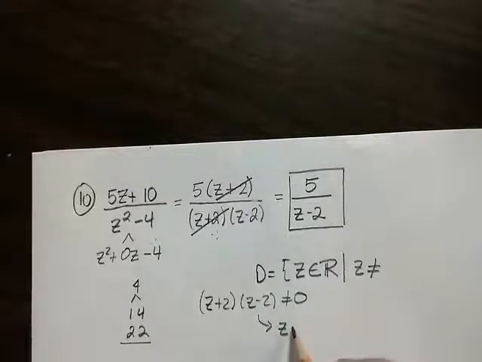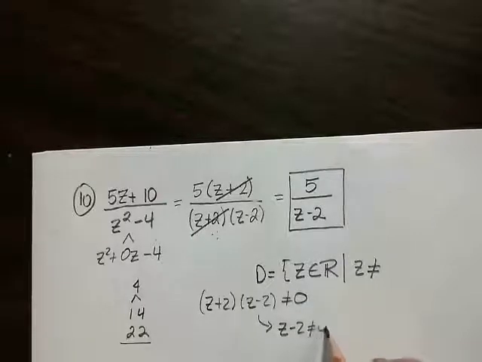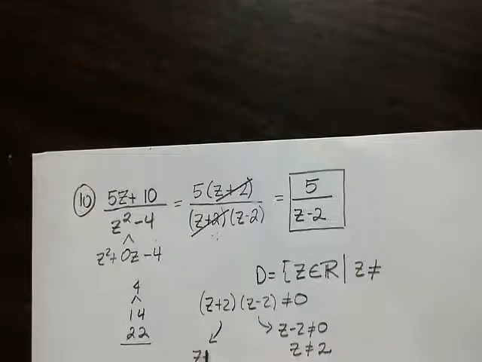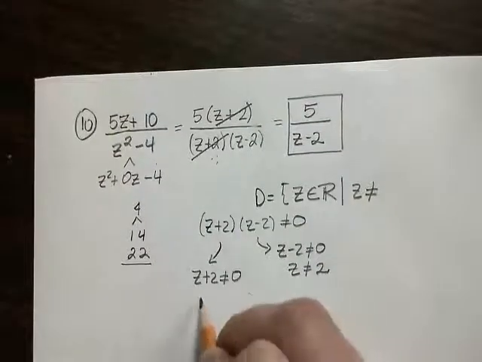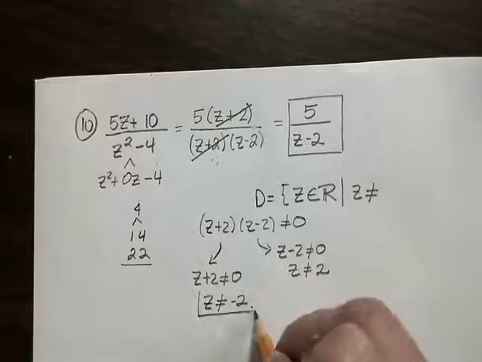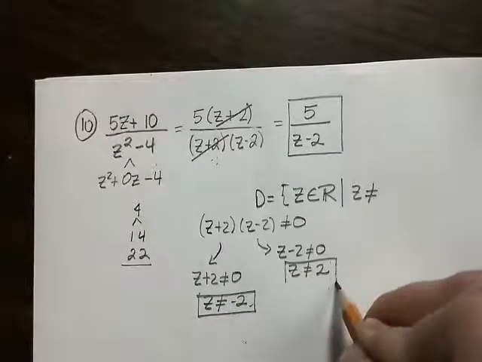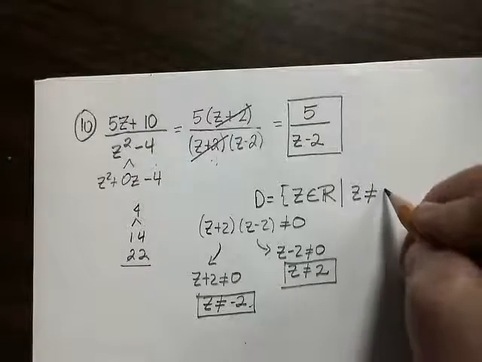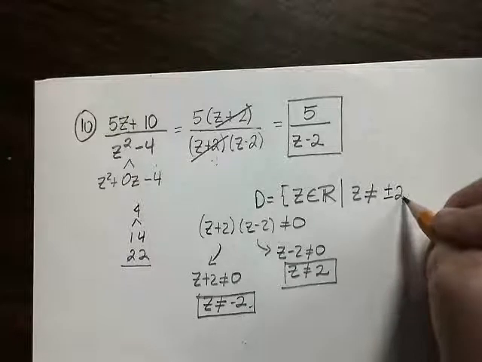So z minus 2 must be different than 0, z is different than positive 2. Here I'm going to have z plus 2 must be different than 0, and then z is different than negative 2. That's my answer. So I'll come here to my domain and I write z different than positive and negative 2.